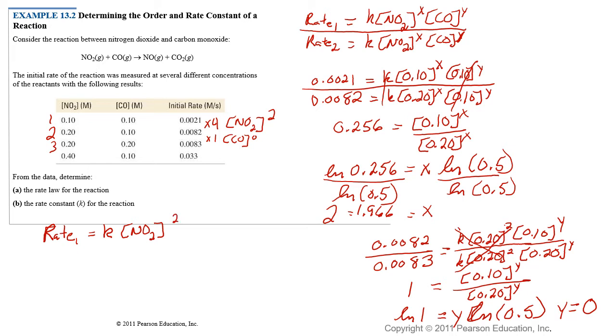We can plug some numbers in and solve for k. So our rate is 0.0021 equals k. Our concentration is 0.1 at this point. We can divide both sides by 0.1 squared.